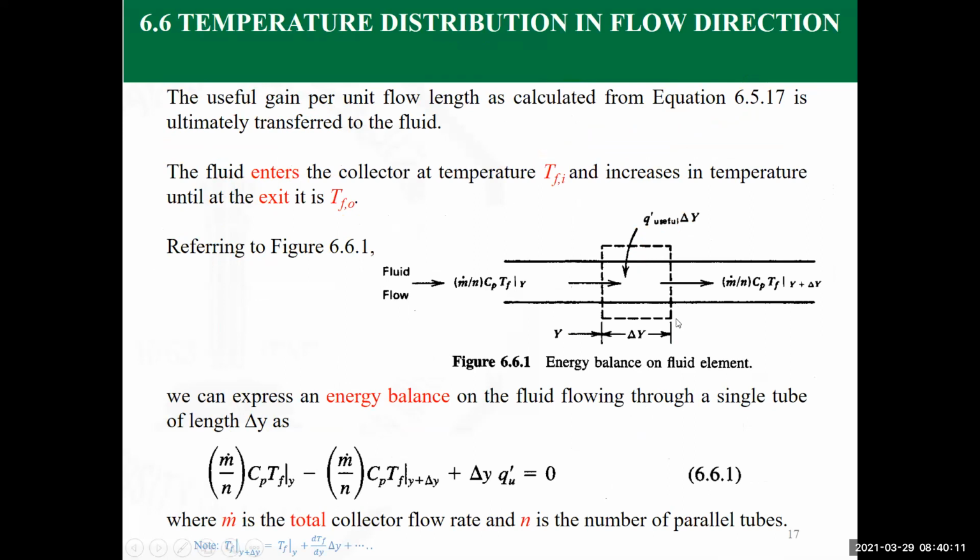So if this is our control volume at an arbitrary distance y, and it has a thickness delta y, this is definitely magnified a lot in this figure, you'll find that we have a fluid passing. This fluid, at a certain temperature, has its own enthalpy. So this is basically the enthalpy associated with the fluid passing. The m dot over n is a representation. M dot is the mass flow rate into the solar collector in general.